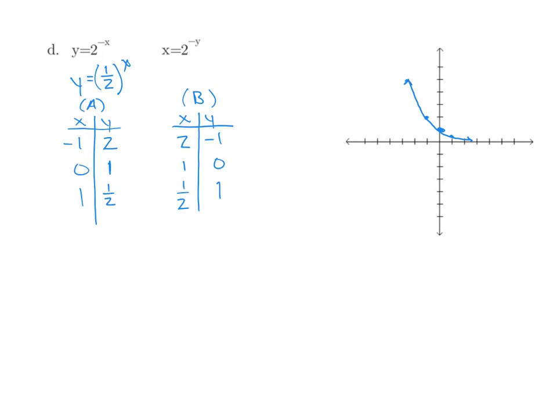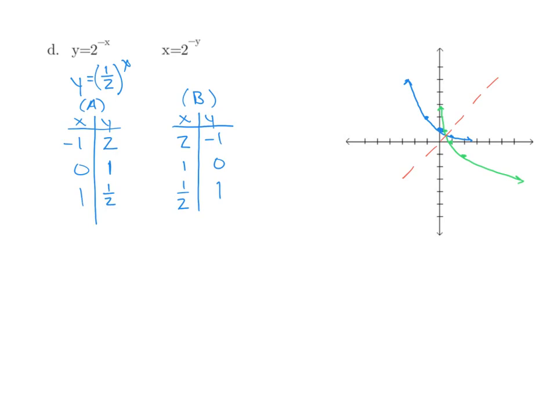Should look something like this. For my other equation, I'm going to change colors just to make it a little bit easier. We have 2, -1, 1, 0, and 1/2, 1. If we graph, we should get something that looks like this. And now if we draw our line y equals x, we should see that it is symmetric.